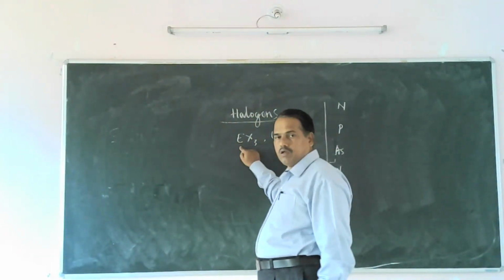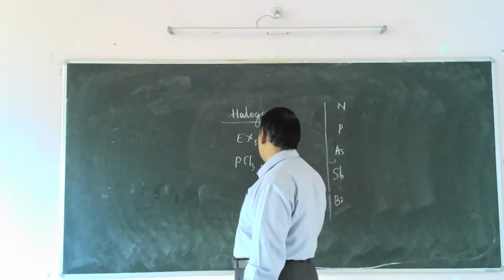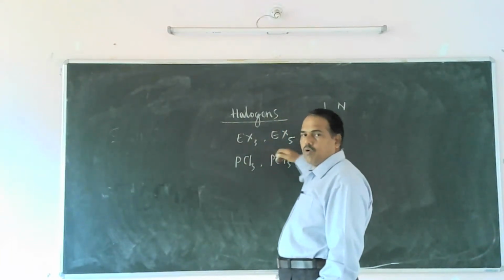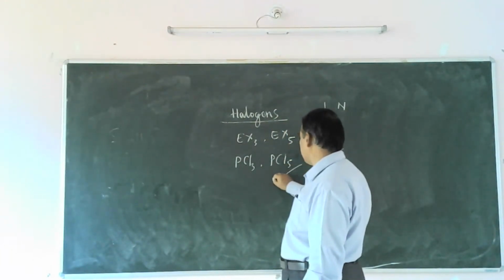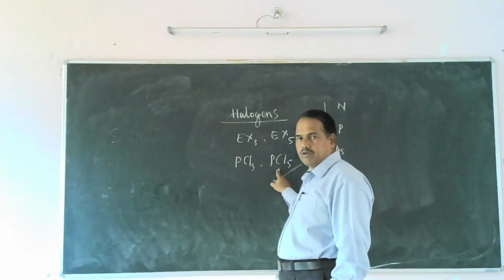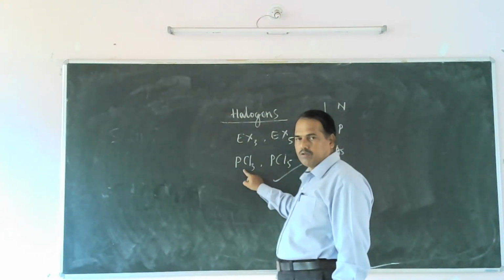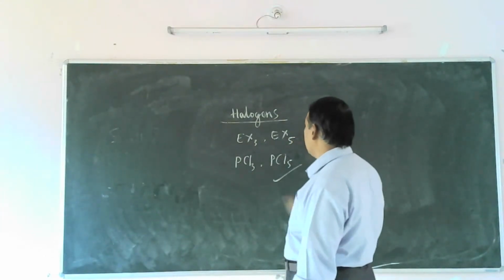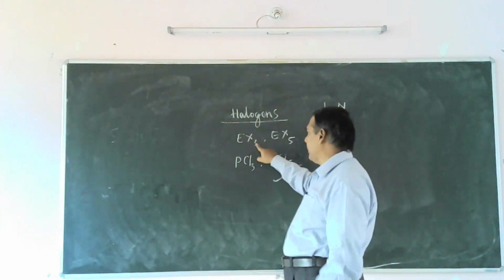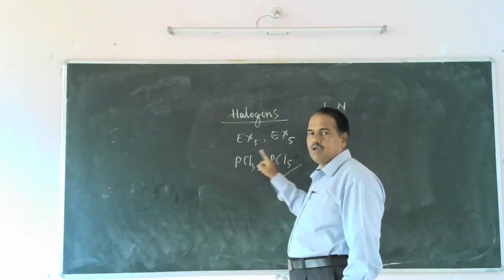Take for example PCl3 and PCl5. The higher halogen compounds, PCl5, are more covalent than the trihalides. That point you have to take. Are you clear? So it reacts with halogen and forms two types of halides, trihalides as well as pentahalides.